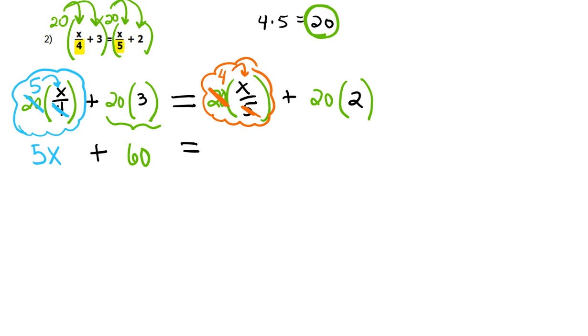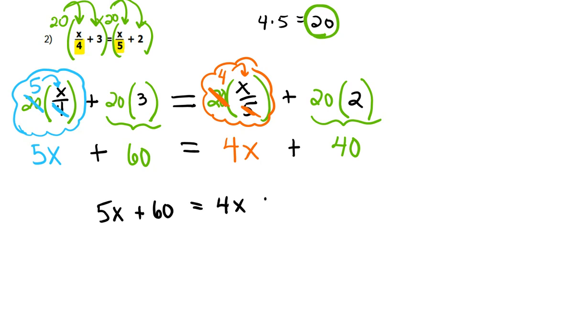And then 4 times x makes that a 4x. And then this here, it's just 20 times 2. That's 40. Nothing cancels there. And all your fractions are now gone. And then I'm just going to clean it up a little bit and put it all in one color before I make my next move.